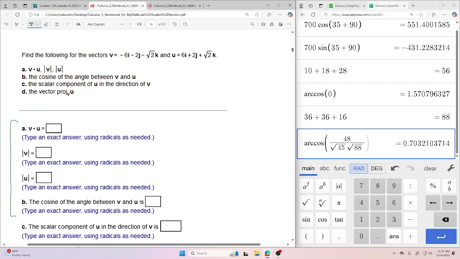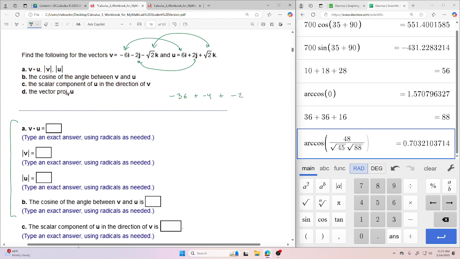So I got 6 and a negative 6 makes a negative 36. I got a 2 and a negative 2 makes a negative 4. And then we got these two guys. Again, I'm multiplying them. What do I get? Yeah, -2, exactly.